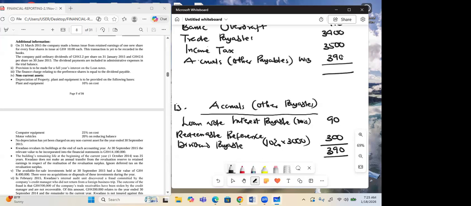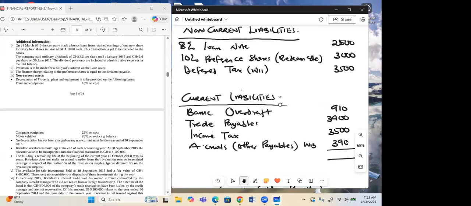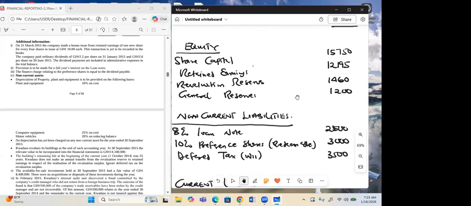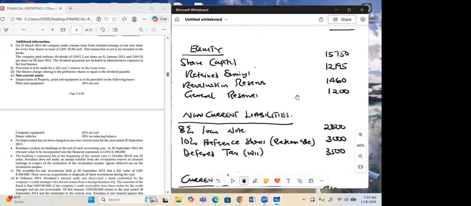Please sum all the equity and liabilities for me. Let me bring it down for you to sum it. Start adding it up from the equity.